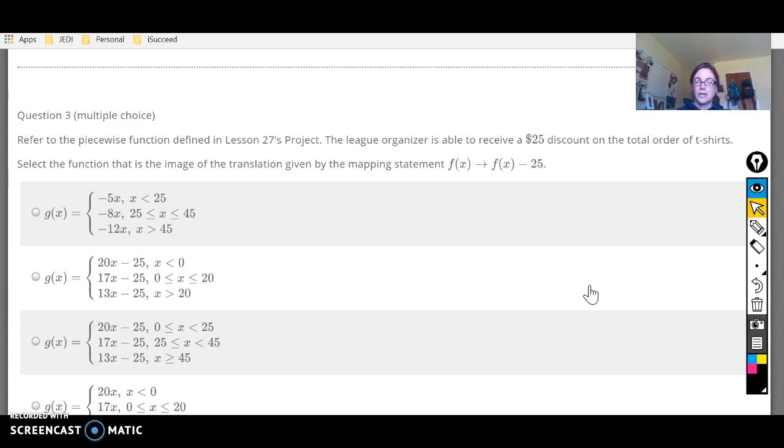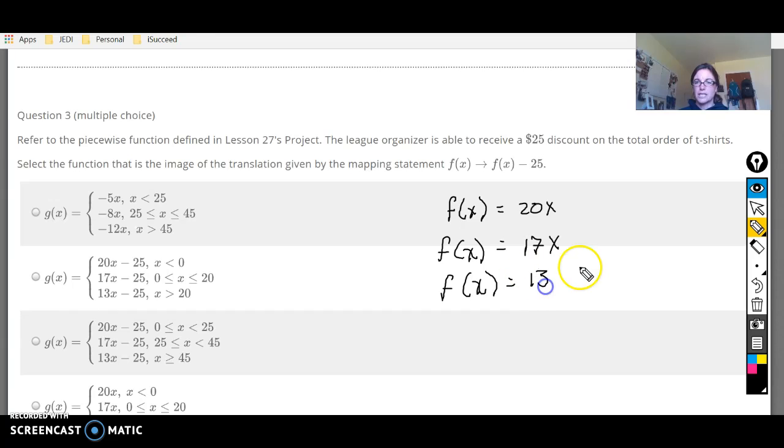So if our mapping statement is f(x) is mapped to f(x) minus 25, then remember for each of those, we had f(x) equals 20x, f(x) equals 17x, and f(x) equals 13x. All we're doing here is subtracting 25 from each of those. That's all that mapping statement says.